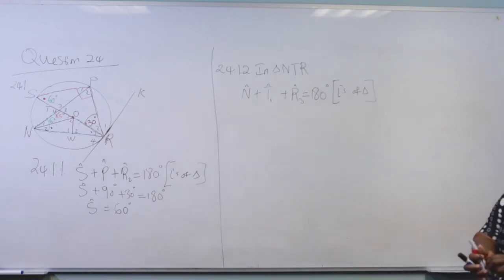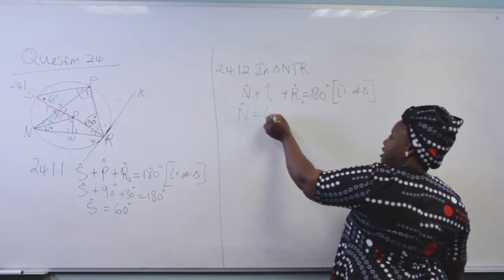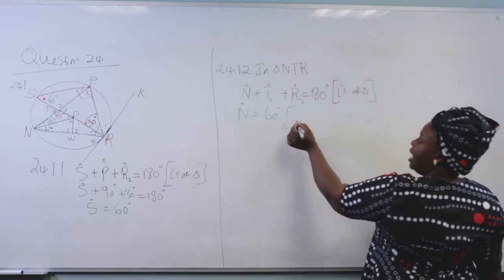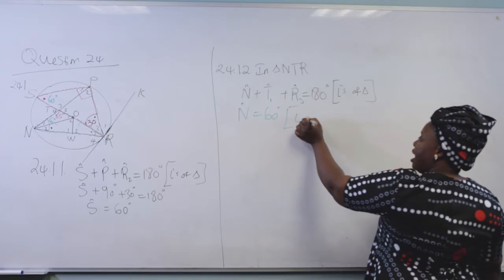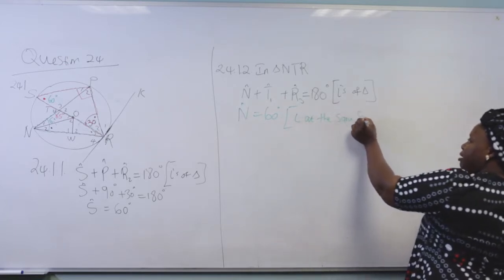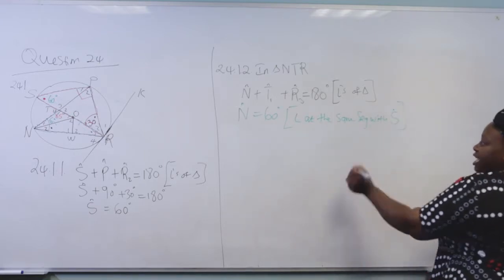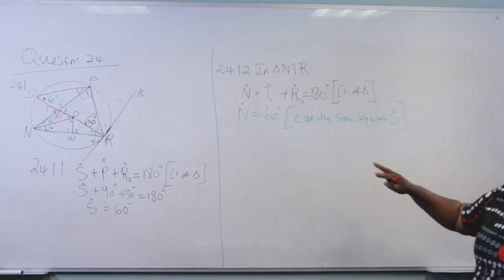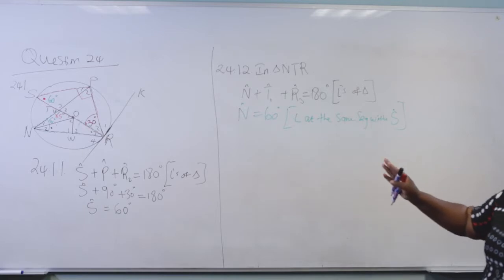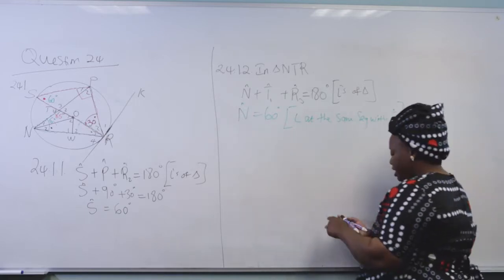We must highlight it first to say angle N equals 60 degrees because it is an angle in the same segment as S. So you are telling the person that N will also be 60 because they are in the same segment, or subtended by the same chord, which is PR. So that is the reason we are saying it's 60.